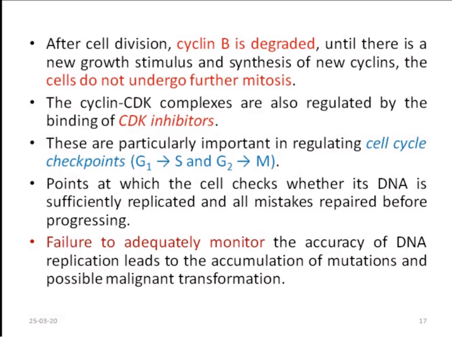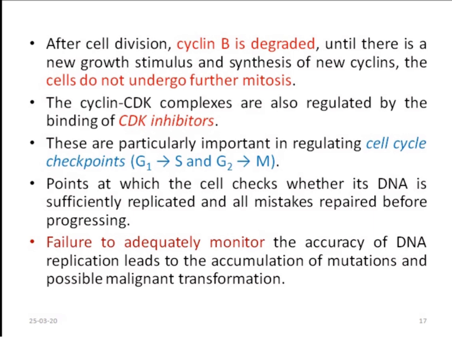Every one of us undergoes mitosis every day, right? All our cells are dividing, all our cells are proliferating using the same cell cycle, the same factors, the same checkpoints, the same cyclins, right? But we are not all cancerous. The reason is that it only rarely happens.